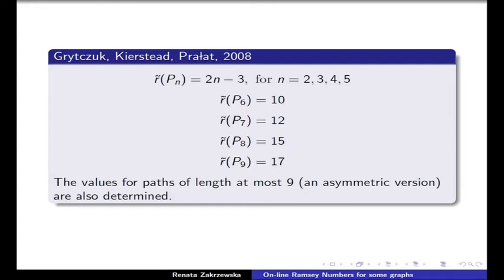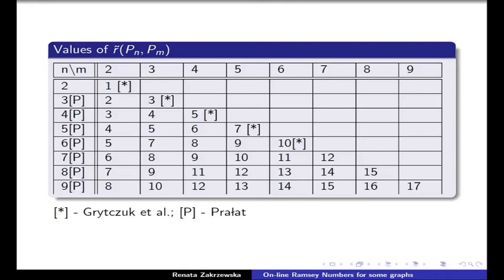The known values of the asymmetric version are presented in this table. For example, the online Ramsey number of P6, P4 is equal to 8, or the online Ramsey number of P9 is equal to 17.